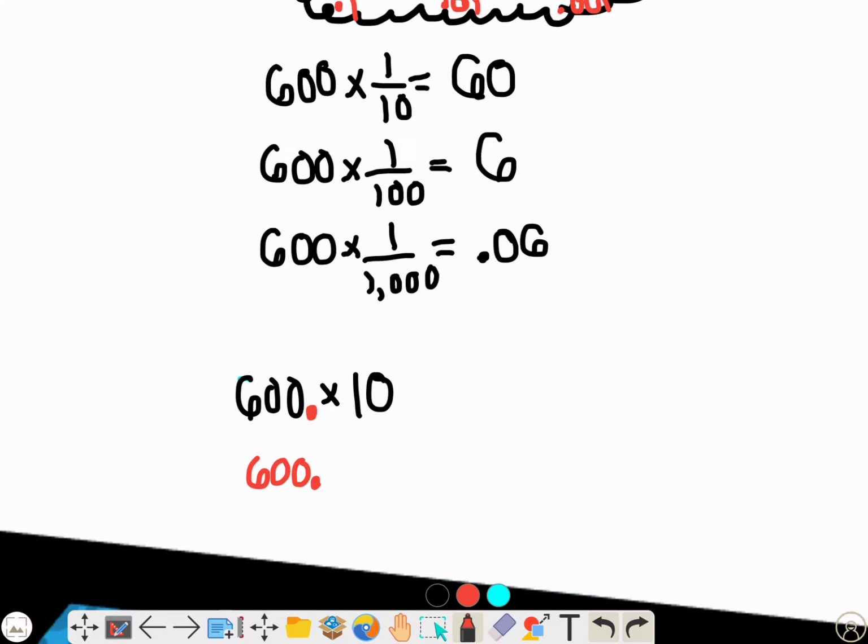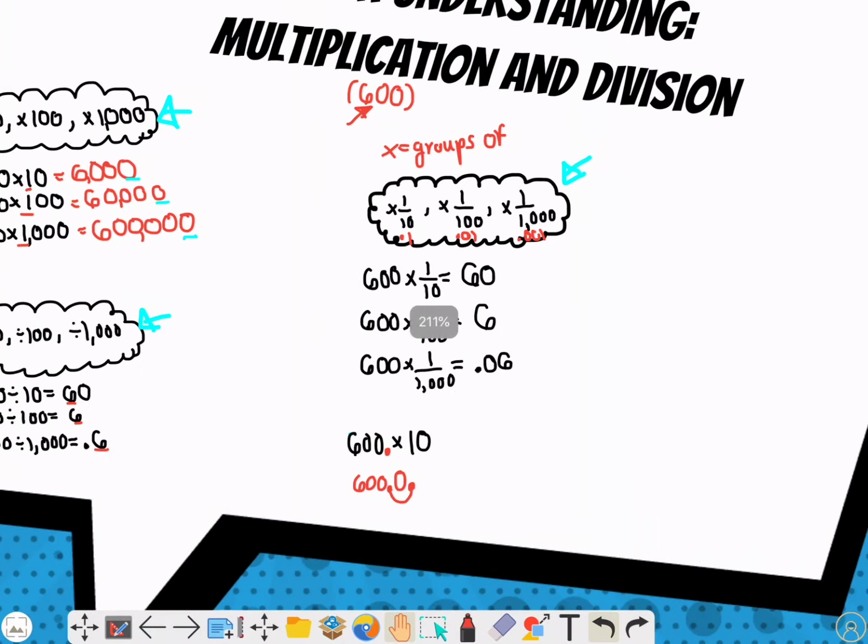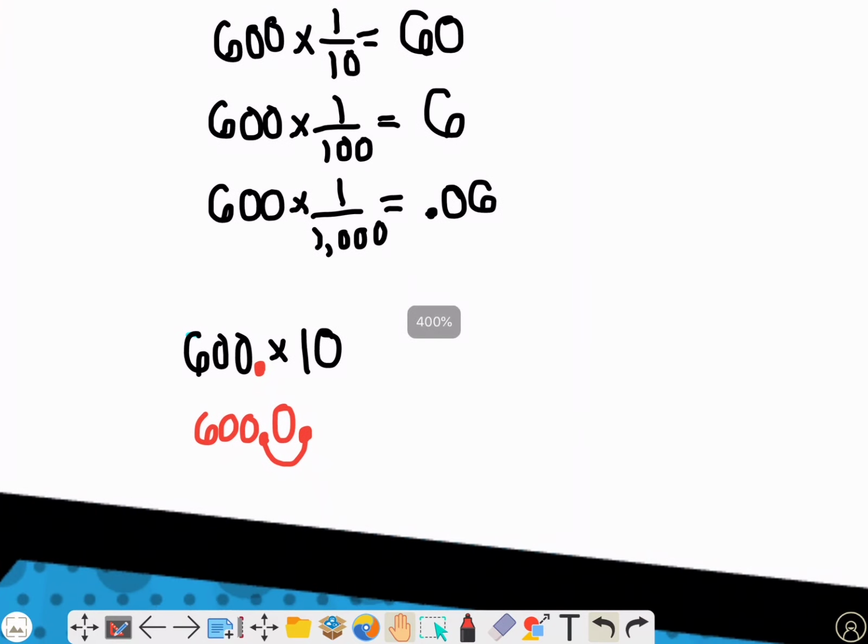It's multiplying by 10, so you're jumping over the decimal one place. 600 times 10 is 6,000, which is what we got up here. Let's say I was to go another one, 600 times 100. I still have that same decimal, but I'm not jumping it over one place value, I'm jumping it over two place values, 1, 2.